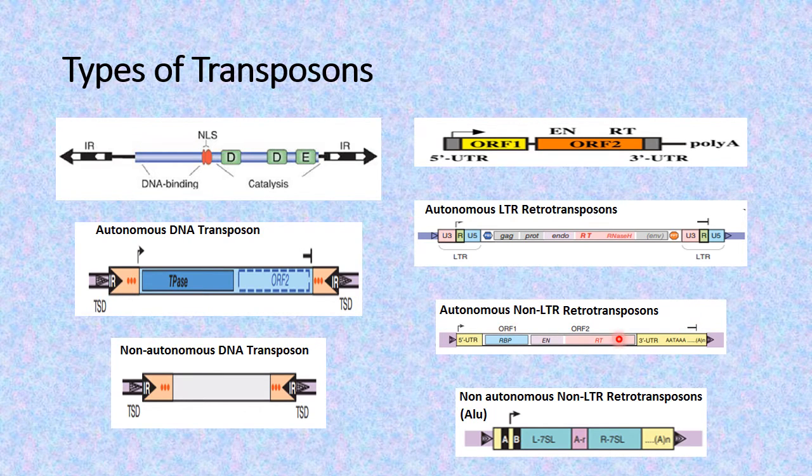Transposons of both these classes may be autonomous, that is they have the gene segments for the enzymes, either the transposases or the replicases, or they may be non-autonomous and depend upon the enzymes provided by some autonomous element.